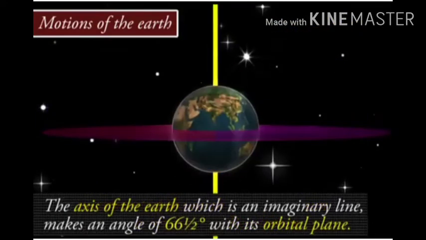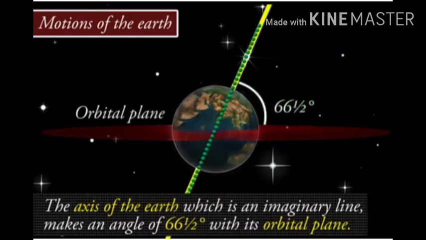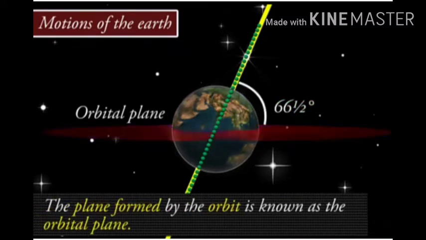The axis of the Earth, which is an imaginary line, makes an angle of 66.5 degrees with its orbital plane. The plane formed by the orbit is known as the orbital plane.